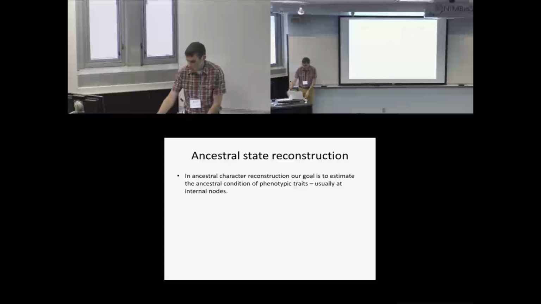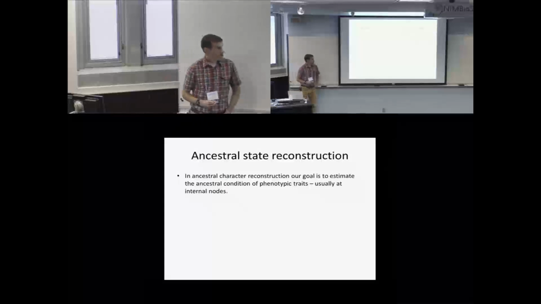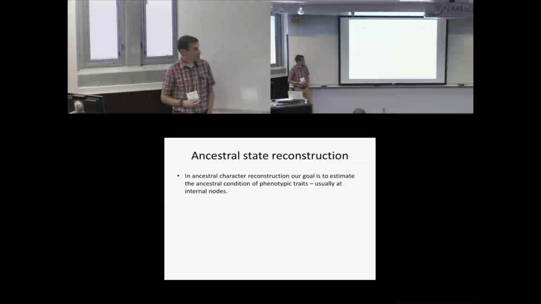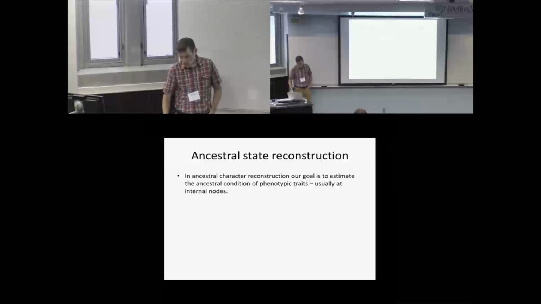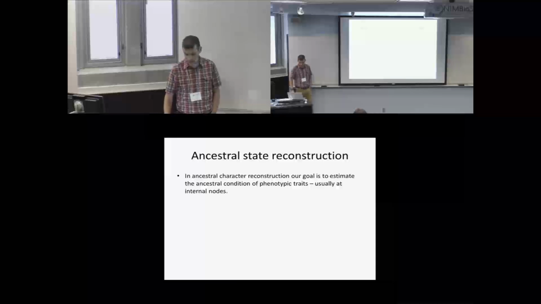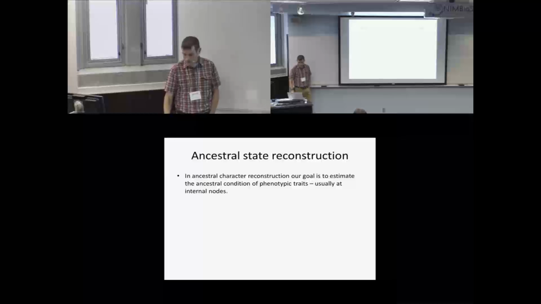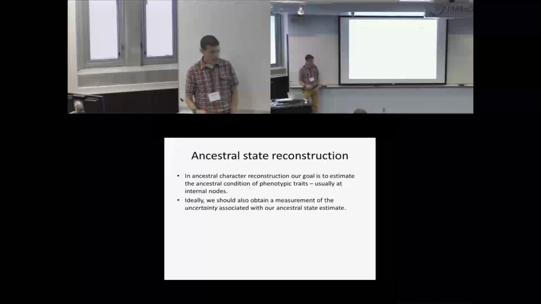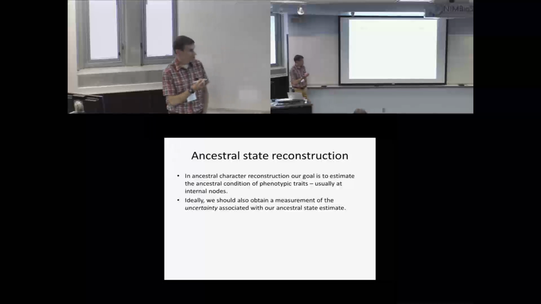Normally our goal in ancestral state reconstruction is to estimate the condition of a phenotypic trait, or phenotypic traits, that is their values, at internal nodes in the tree, or hypothetically along edges, which is sort of inconsequential, because we could just add a node with only one descendant along an edge and estimate the state for that node. But normally we're obtaining states for internal nodes in the phylogeny.